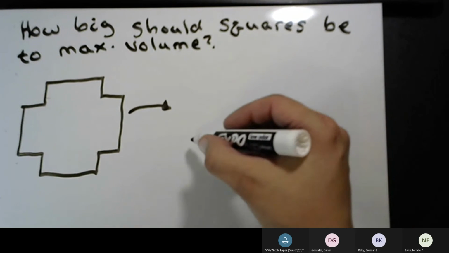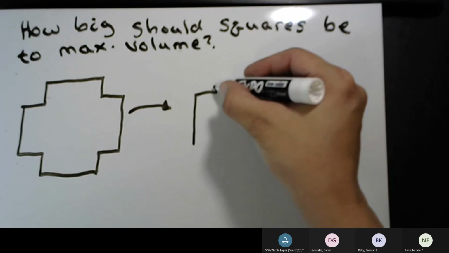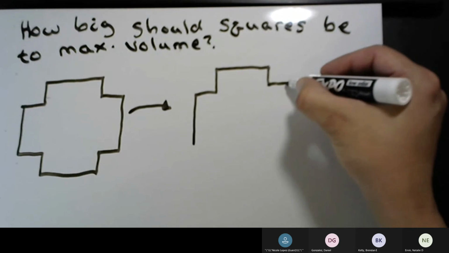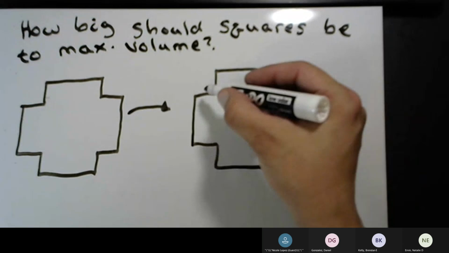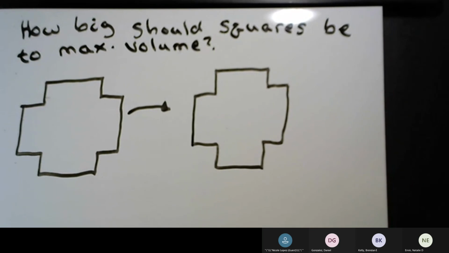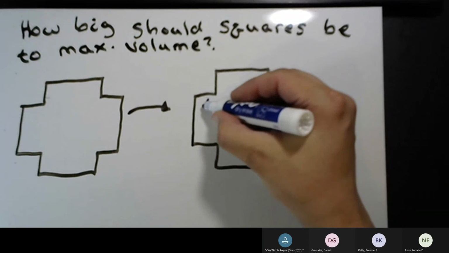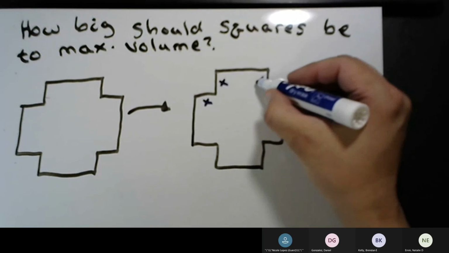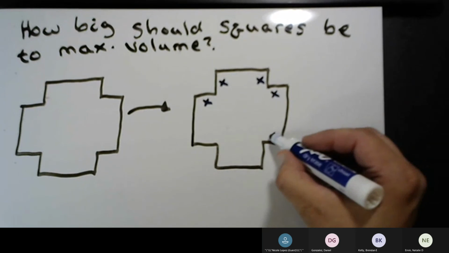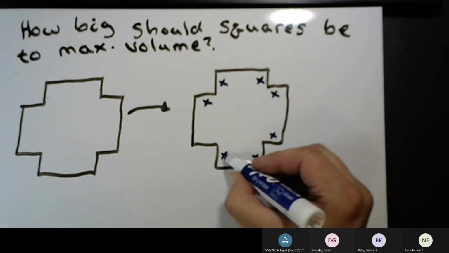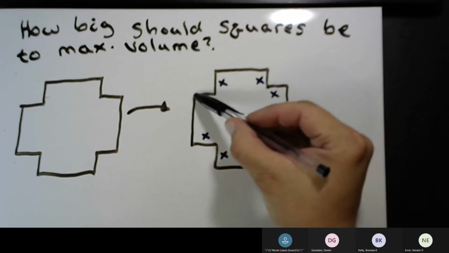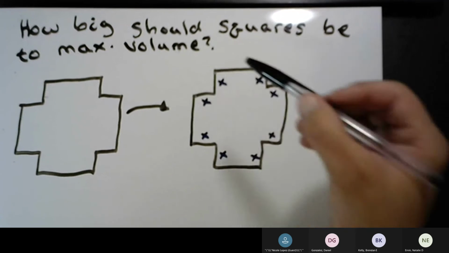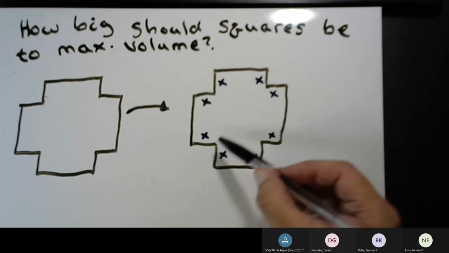Then we're going to label the dimensions of the squares as our unknowns: x, x, x, x. So this square is x by x. We're going to cut this square out, same for these other squares.